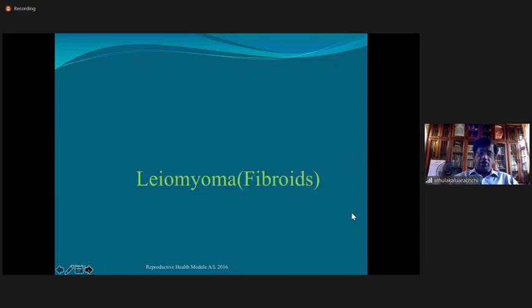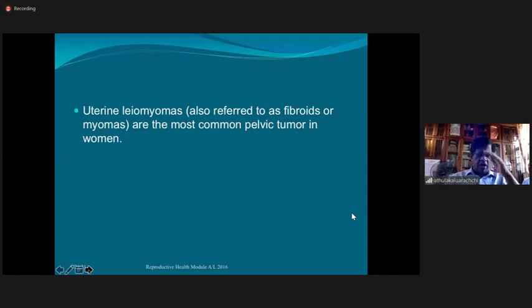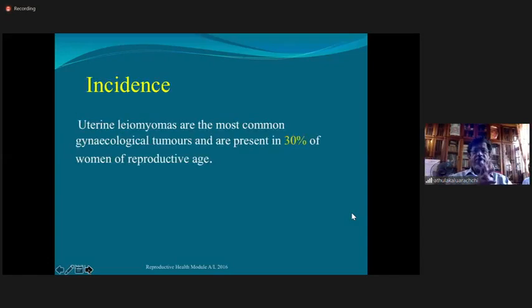Now, when you talk about fibroids, it is something that is very common, and it's perhaps the most common tumor of the female in the reproductive age group. About 1/3 of females would have fibroids at some point.